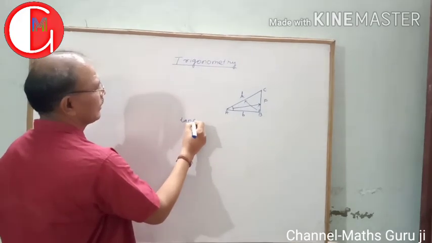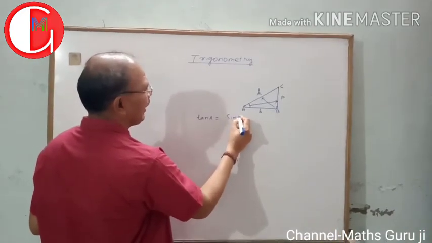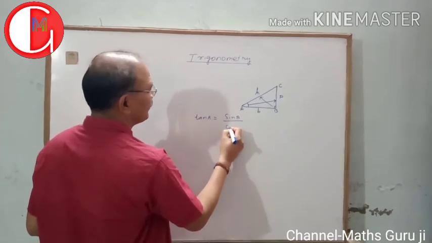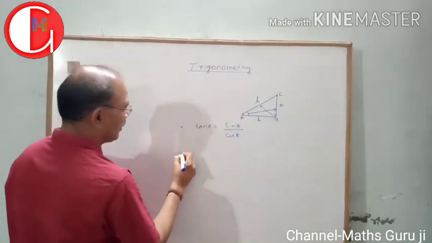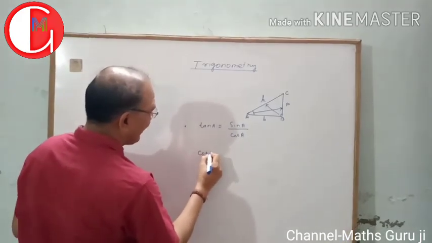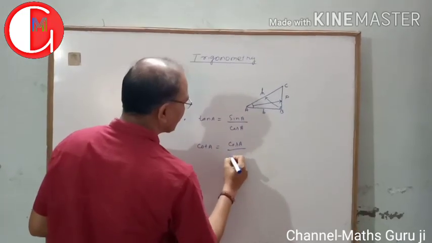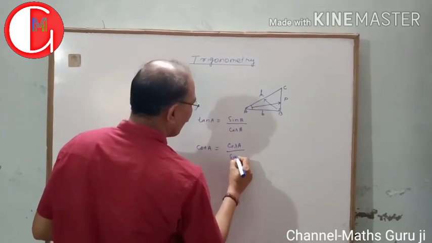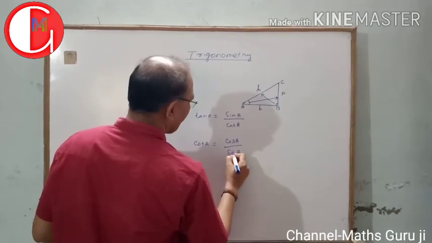So what is the value of tan A? Tan A is equal to sin A upon cos A. And cot A is equal to cos A upon sin A. We can prove this.